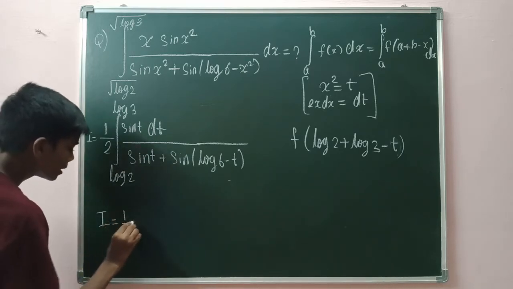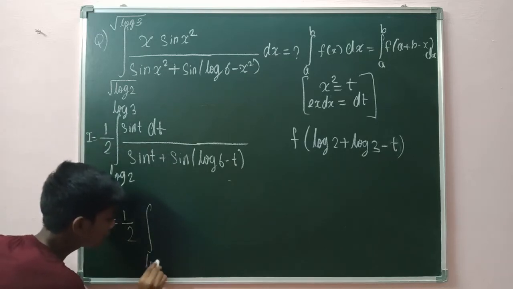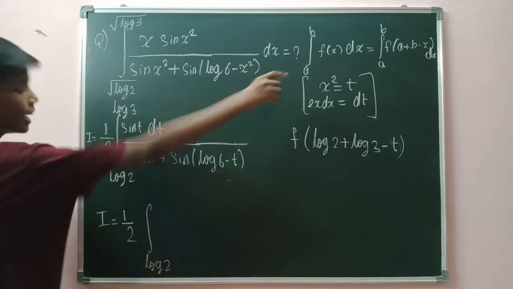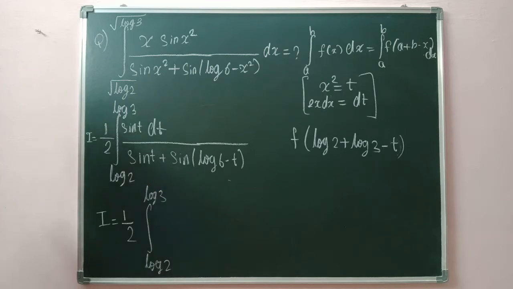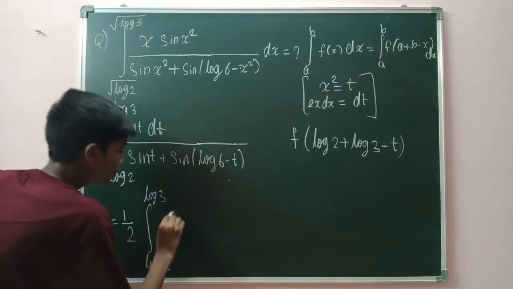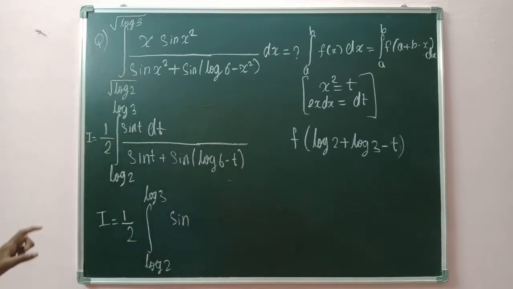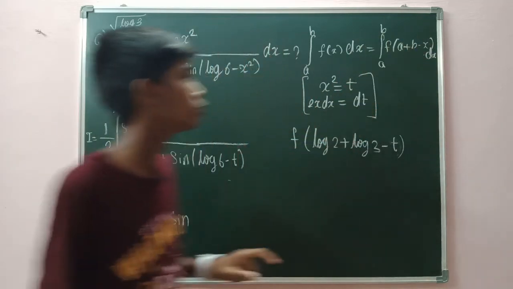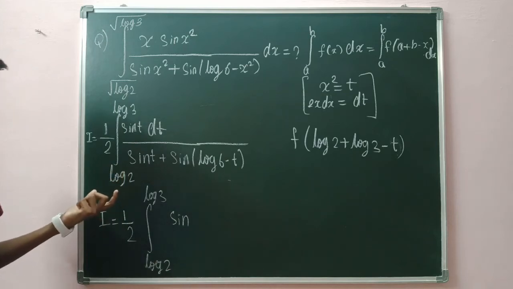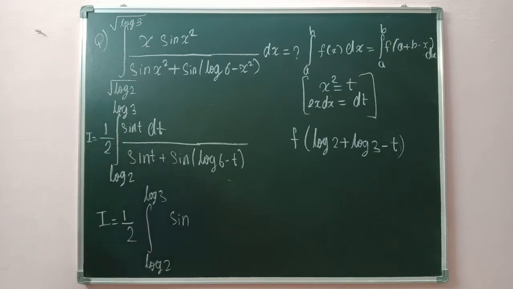So I can write the same integral as 1 by 2 into, the limits will be the same only. When you use King's rule, limits are the same, right? A to b only. So log 2 to log 3. Now what will be your numerator? Your numerator is sine of t. When I use King's rule, I need to write the expression as f of a plus b minus x, hence f of log 2 plus log 3 minus x.